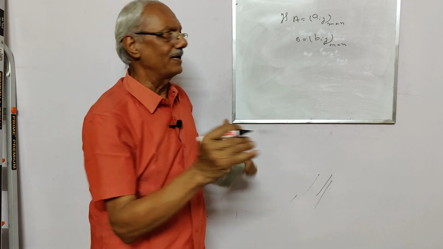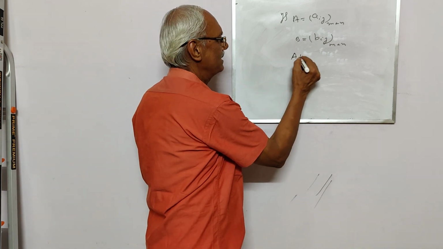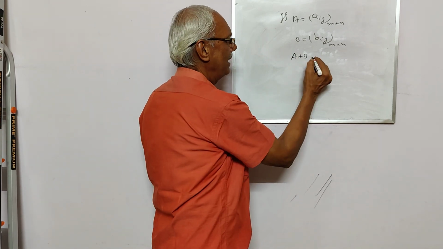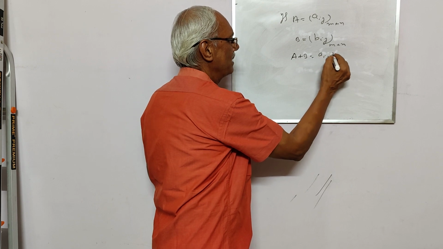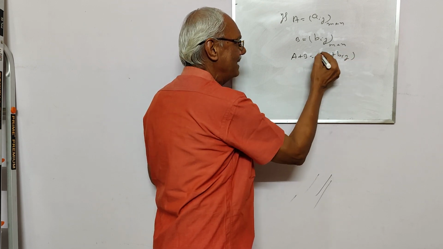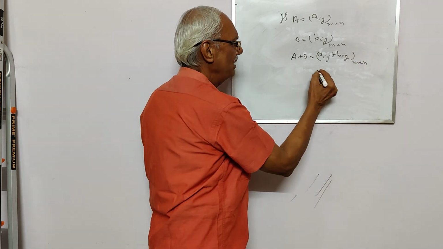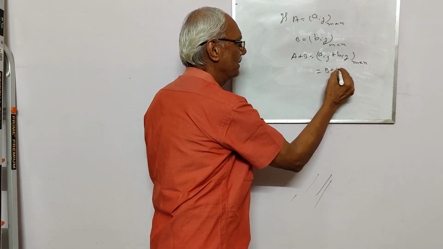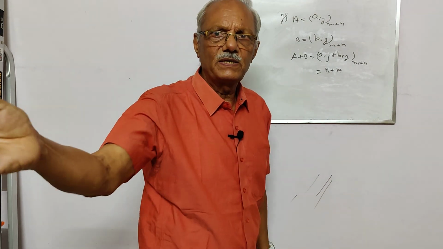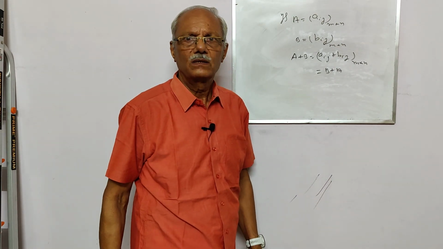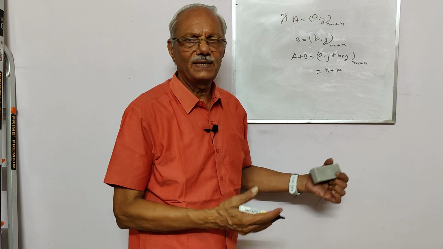Now you can add these two matrices. That is, A plus B is possible, and this is nothing but Aij plus Bij. Add the corresponding elements and it will be M cross N, and this is also equal to B plus A. A plus B is equal to B plus A. That is true.